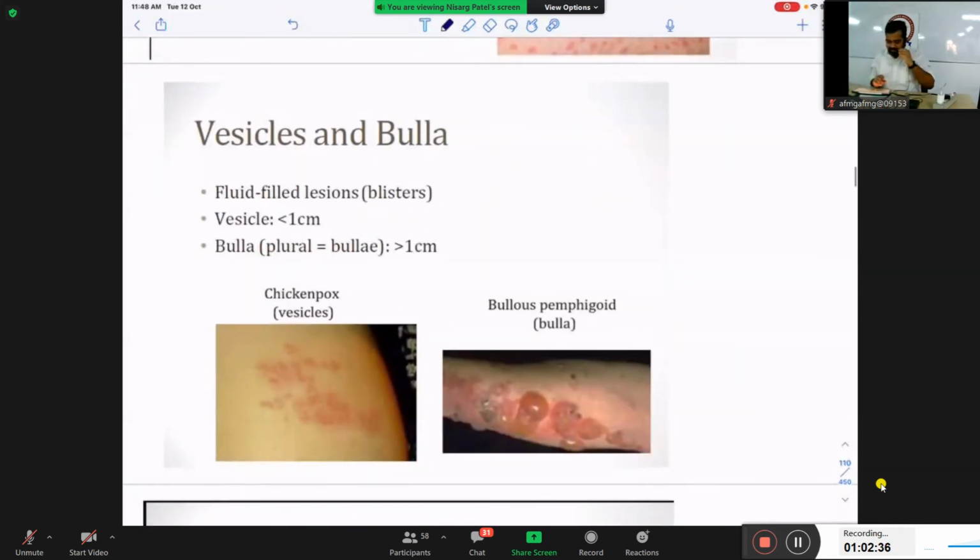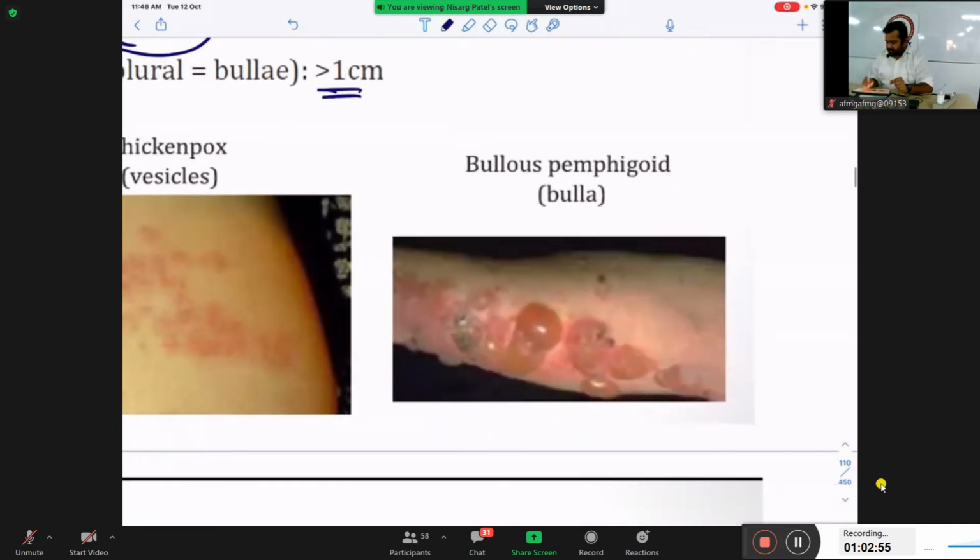Okay. Now what is a vesicle? What is a bulla? Vesicle means a fluid-filled lesion. If it is less than 1 centimeter, I will term it a vesicle, chhota sa. But if it is more than 1 centimeter, this is a bulla. The content inside is a clear fluid.